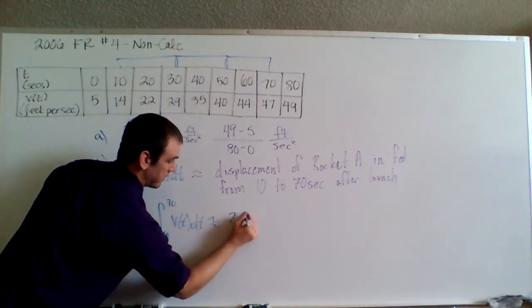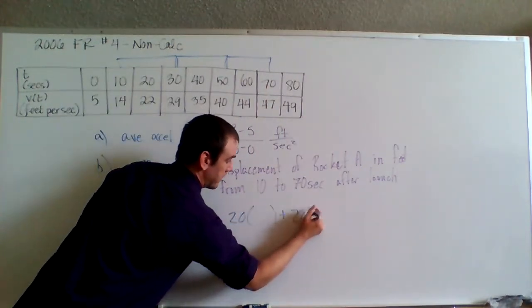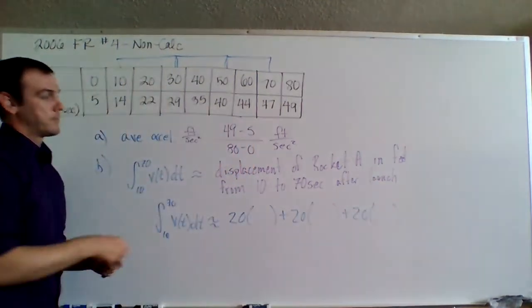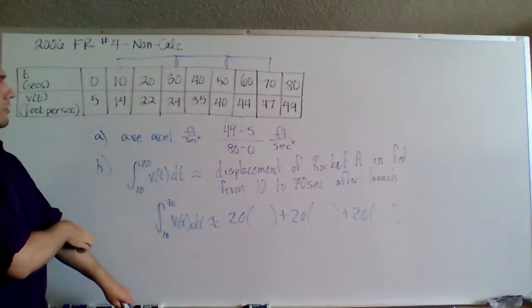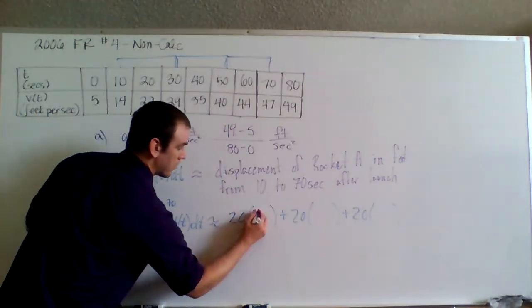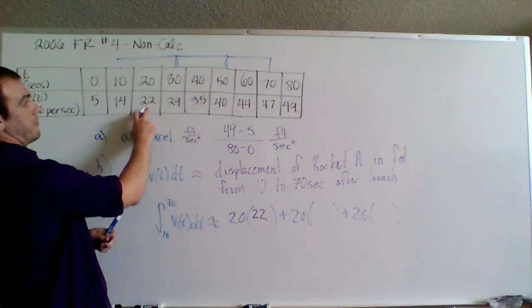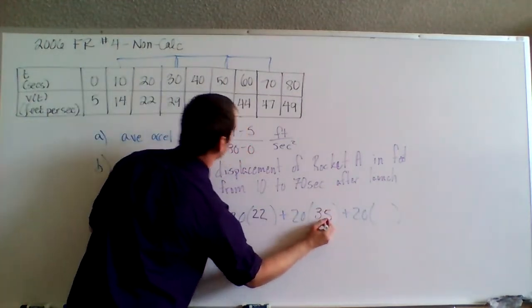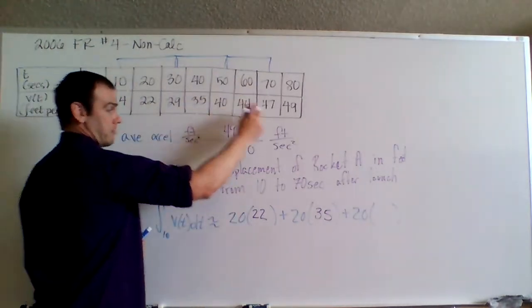So I'm going to do 20 times something plus 20 times something plus 20 times something. Okay? So the values I'm going to be using here is going to be 22. Okay, I'm going to use the value at 40, which is going to be 35. I'm going to use the value at 60, which is going to be 44.